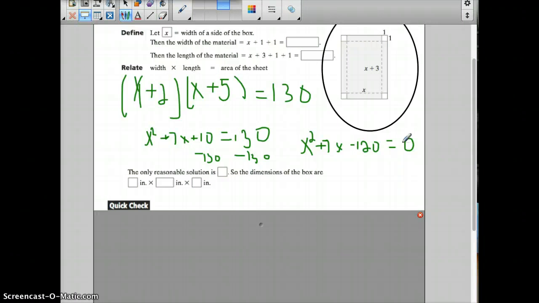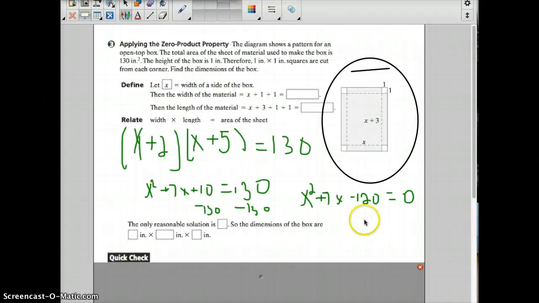And I'm thinking 20 and 6, no. 10 and 12, no. What about... anything you can think of? How about 8 and 15? Oh yes, those will work.